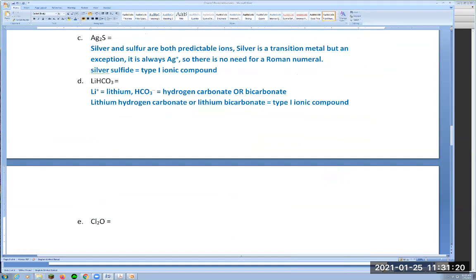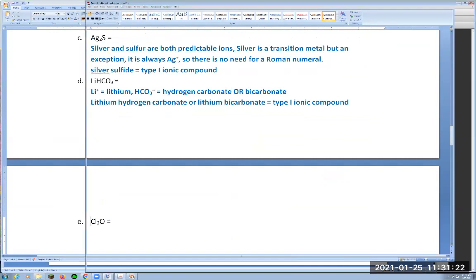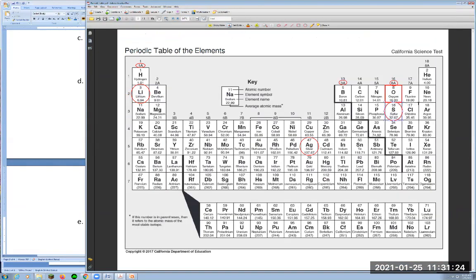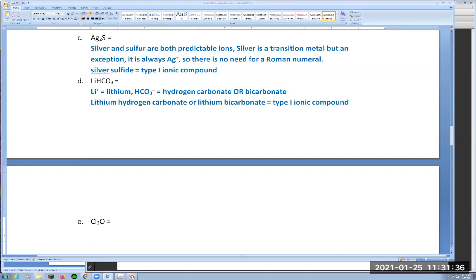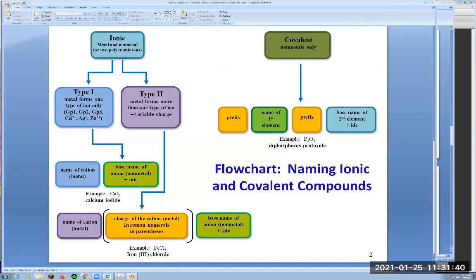Next one, Cl2O. Cl is a non-metal, a halogen from group 7A. And oxygen is just slightly above here, also a non-metal. So they are both non-metals, right? So that means we have what we call a covalent compound or a type 3 compound.